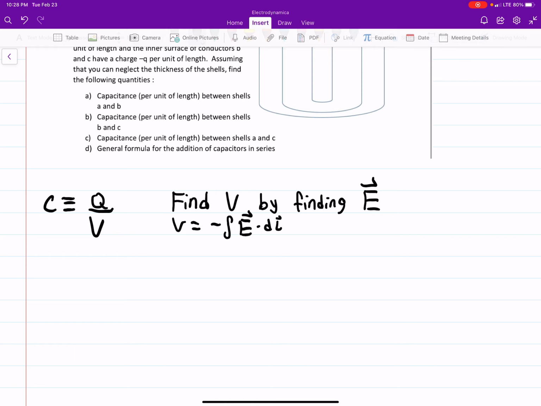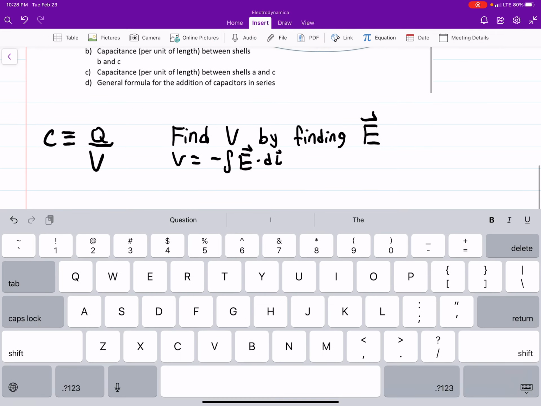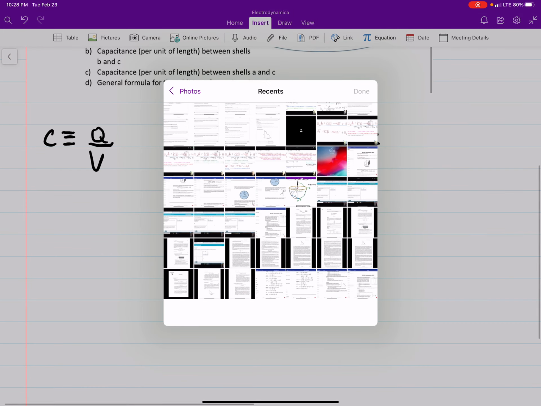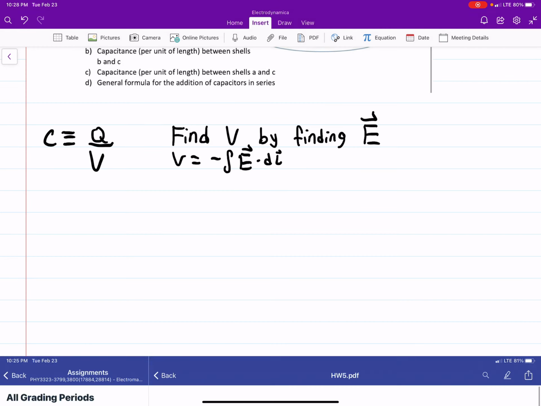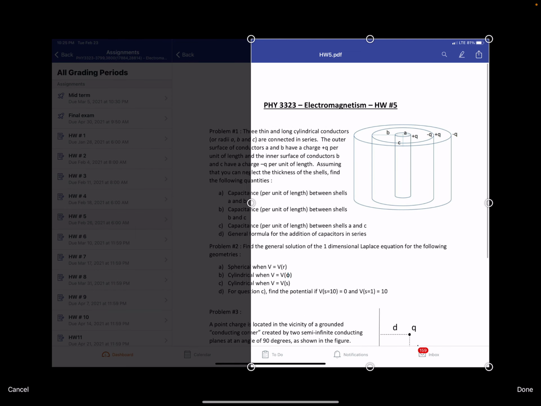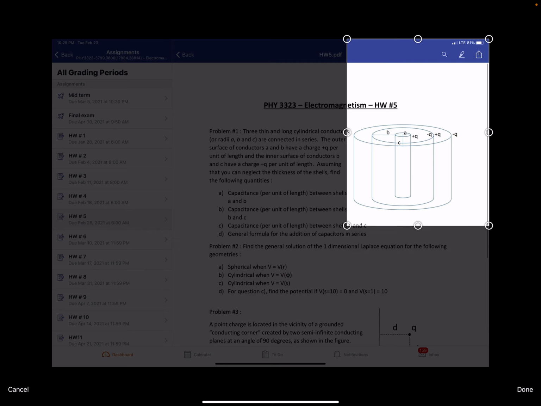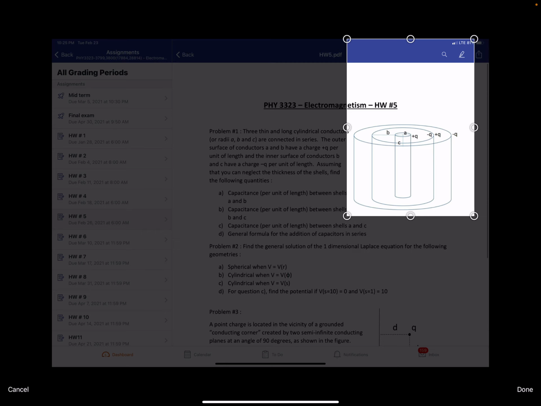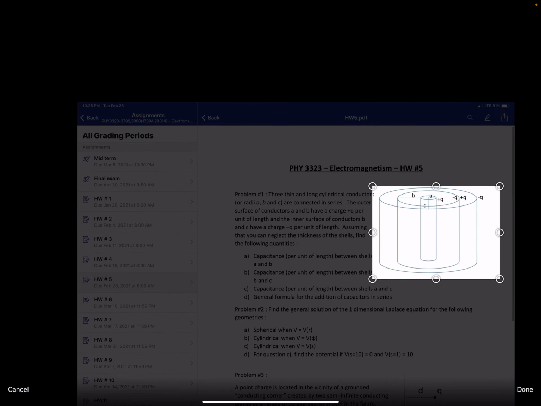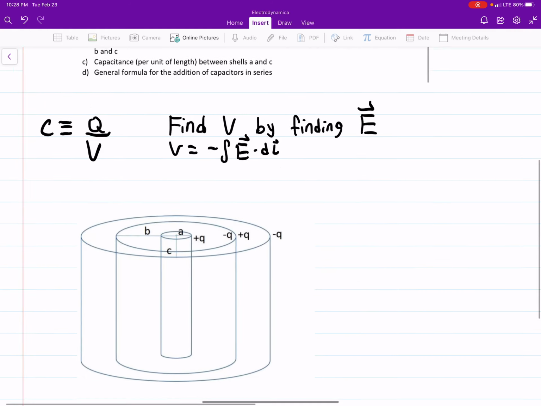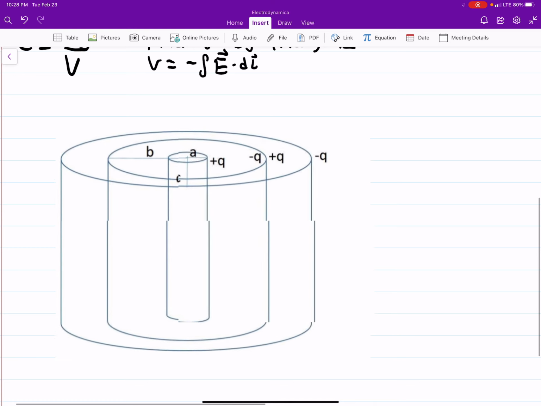So I'm going to start by putting the picture down over here, and we'll find the E field using Gauss's law because of the cylindrical symmetry we have here. Then once we have the E field, we can find the potential, and once we have the potential, we can find the capacitance.